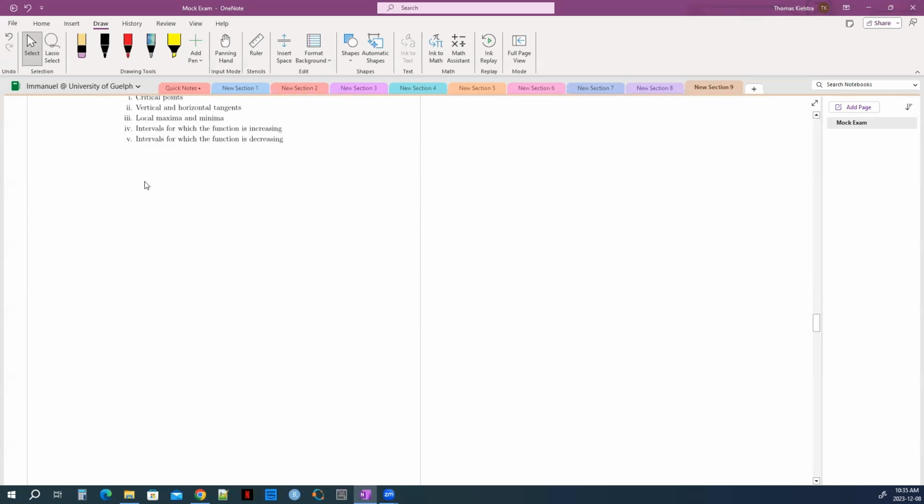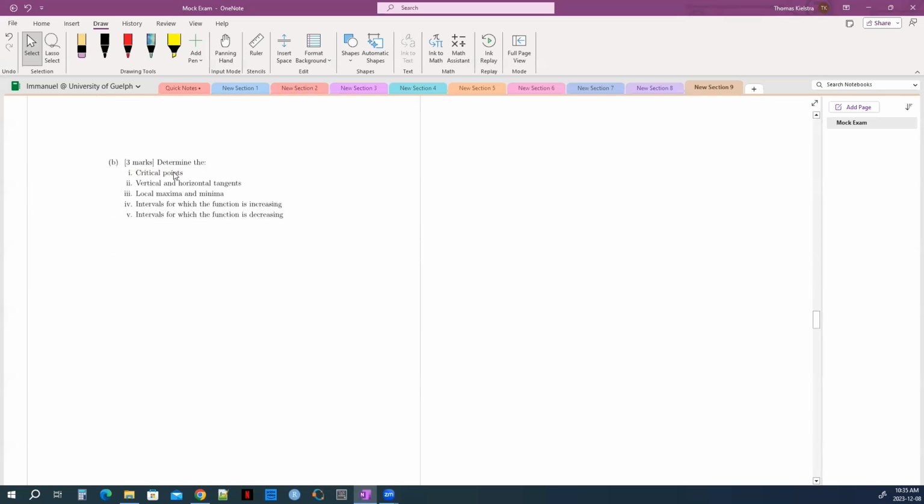So now we go on to part B, which is asking us to determine the critical points, vertical and horizontal tangents, local max and local min, intervals for which the function is increasing, intervals for which the function is decreasing. So all of this analysis is we're going to be looking at f prime of x.